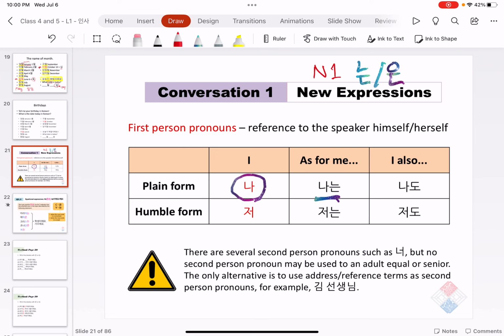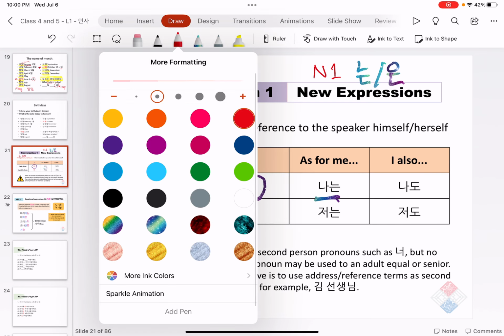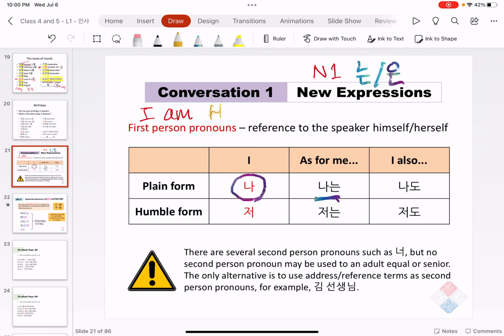And if I want to say I am, use a different color. I am 혜연. Actually, not that bad. I am 혜연. And I can say it in plain form or humble form.